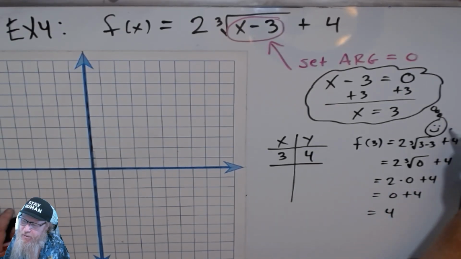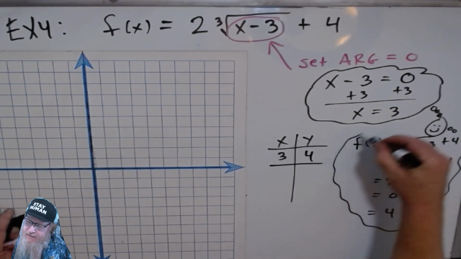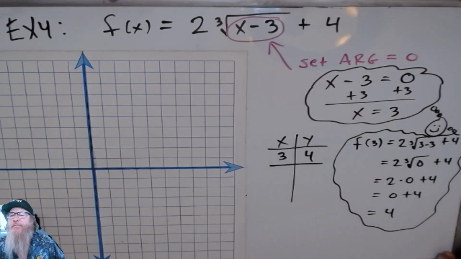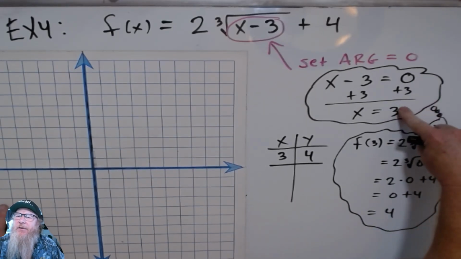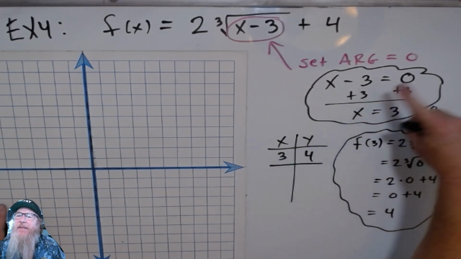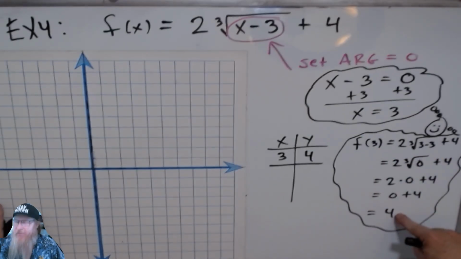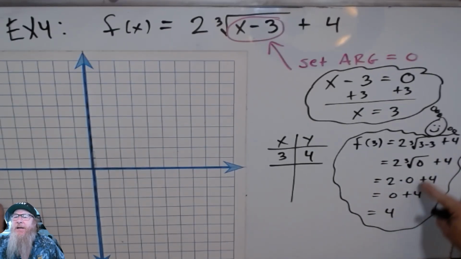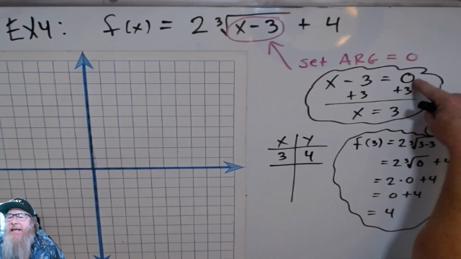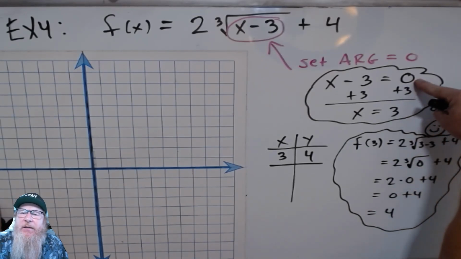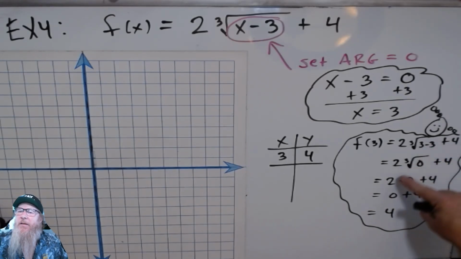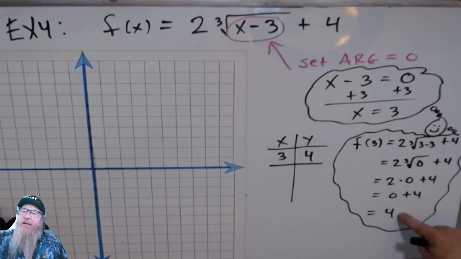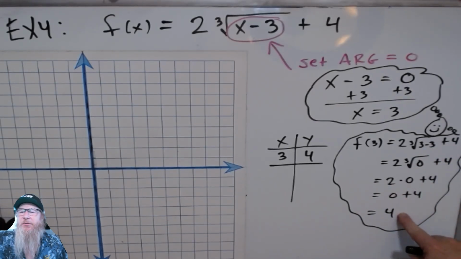And again, you could probably do all of that in your mind too. So that's the whole point of using the argument, that you set the argument to 0, that gives you an x value. Then when you plug in that x value, it gives you the y value. But because you had already set this equal to 0, then the most important part of the function will turn to 0, and you will just get what's called the vertical shift.